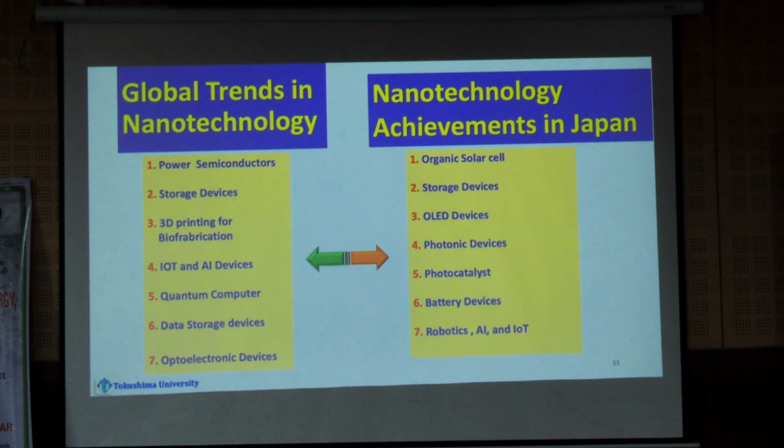Japan has now started to work on this. Of course, they are very good in robotics, but AI and IoT are growing now. Traditionally, they were good in robotics, and these are relatively new fields, even photonic devices. In future, the use of light, whether it is solar cell or other light, or devices based on light technology, will be more.